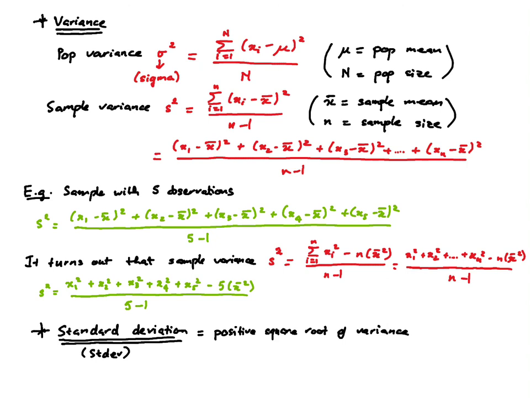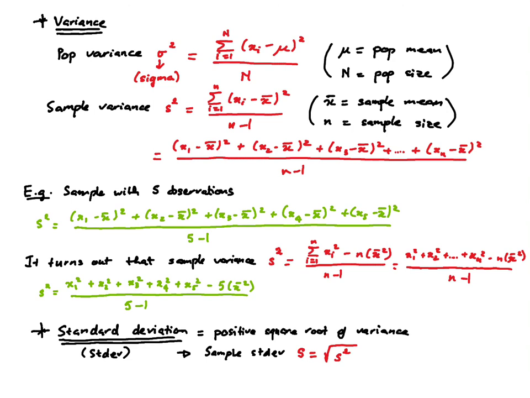In other words, the sample standard deviation, which is denoted by the letter S, is going to be equal to the square root of the sample variance, which is S squared.